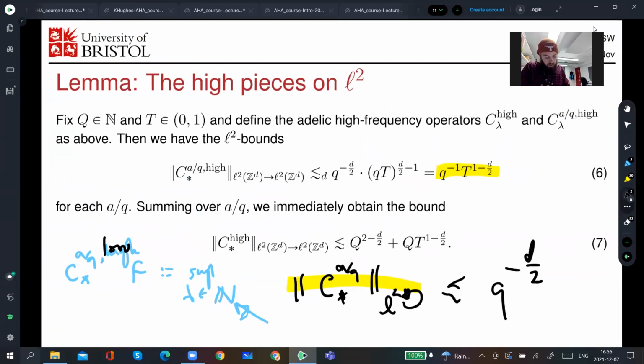Probably should have led with that. Now, when you sum up over all a and q, they're all bigger than big Q, remember? They're about q of the a's for every little q, and all those little q's are bigger than a big Q. So when you sum everything up, you get these bounds.